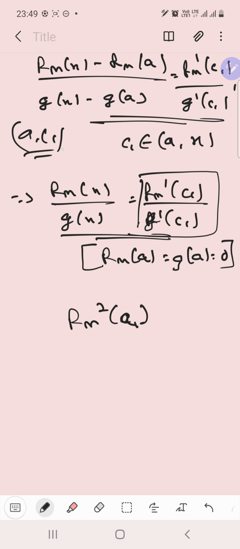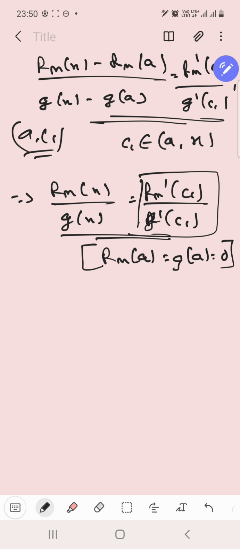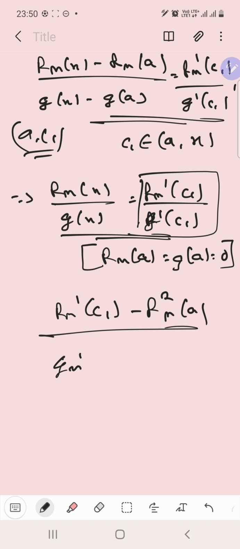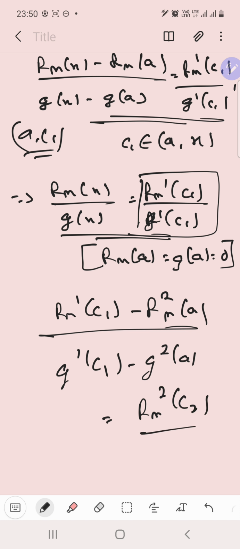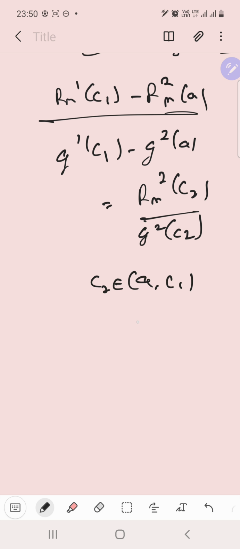So we can again apply the Cauchy's mean value theorem as (Rn'(c1) minus Rn'(a)) over (g'(c1) minus g'(a)), and this will be equal to Rn2(c2) over g2(c2), where c2 belongs to the interval (a, c1), that implies c2 belongs to the interval (a, x), because c1 belongs to the interval (a, x).